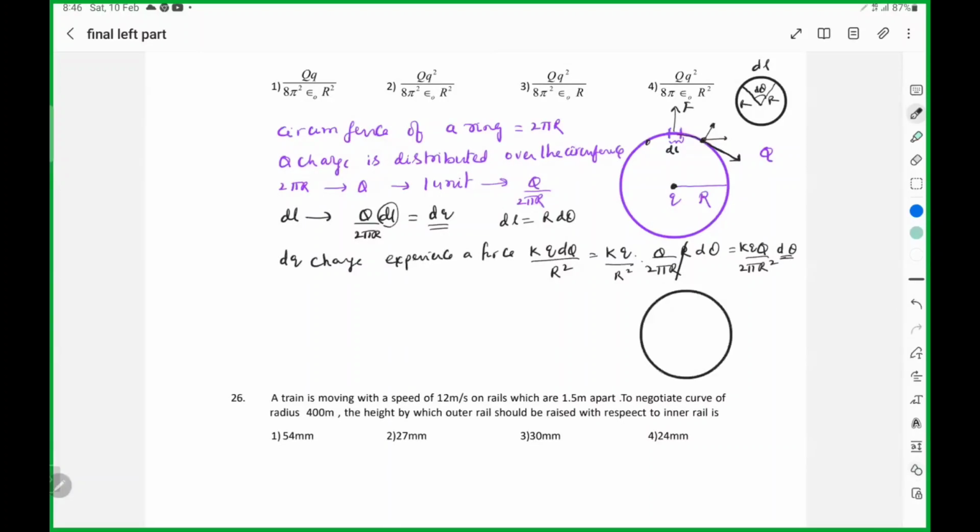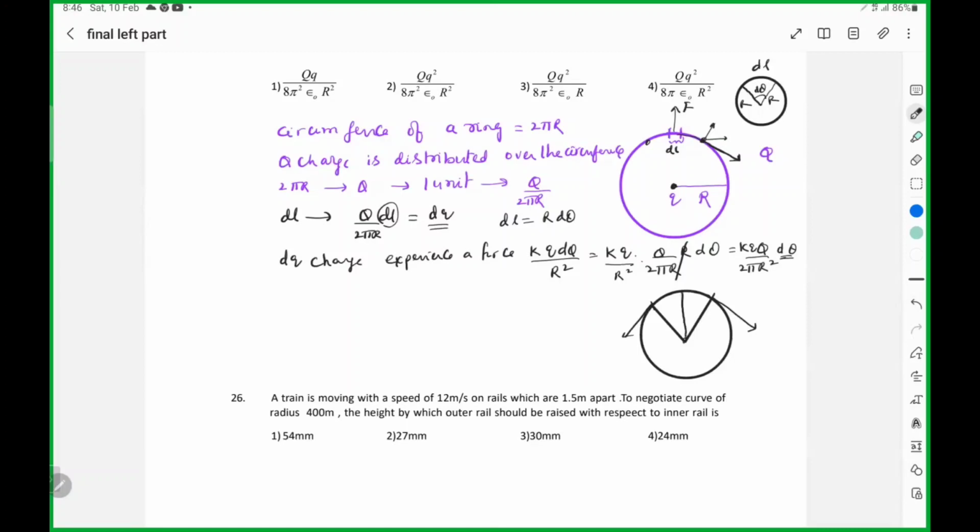Let us take this dl length in an elaborated way. Here is the center. So tension acts in this direction, tangentially.